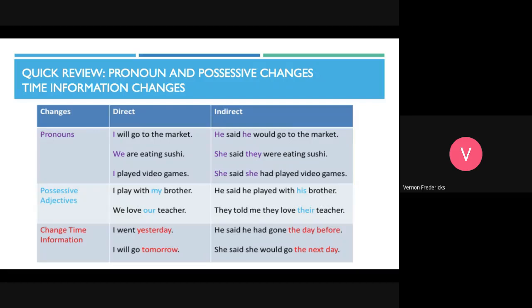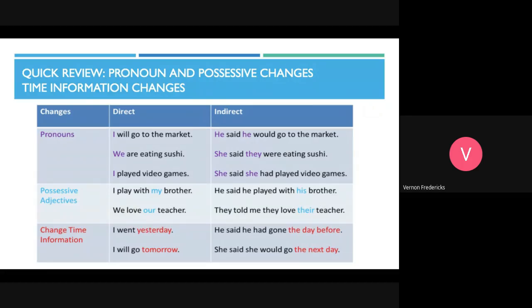Change time information. Very important, students. I went yesterday, direct speech. Indirect speech: he said he had gone the day before. So yesterday changes into the day before. Next one, I will go tomorrow.